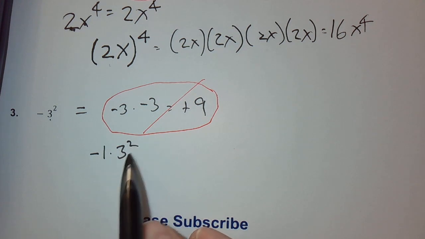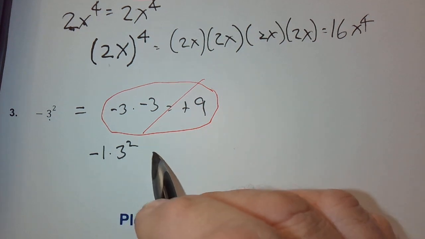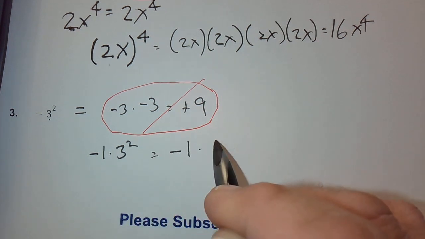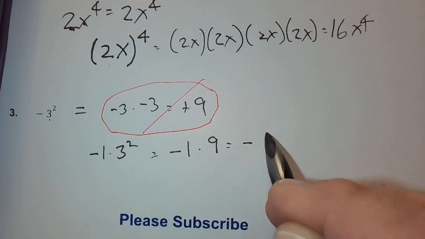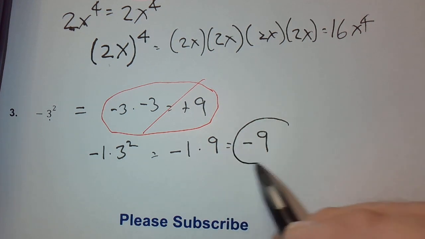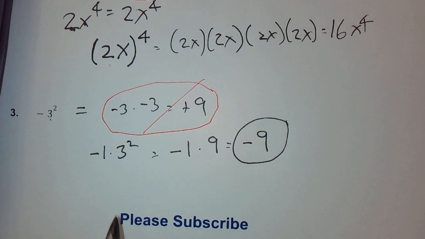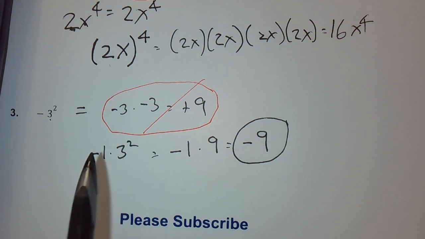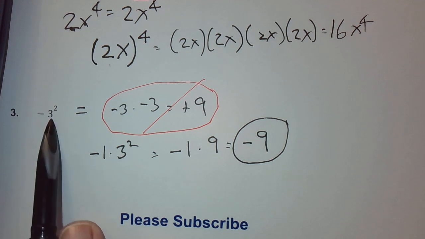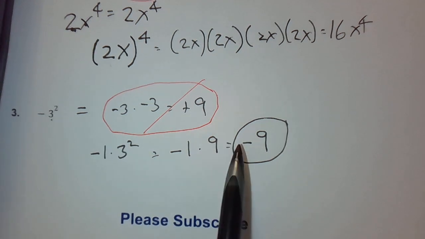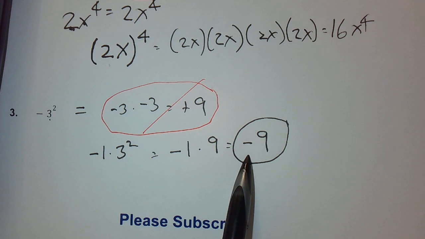So in this case, it would be the 3 times 3 is 9, so it's equal to -1 times 9, which is equal to -9. -9 is the correct answer for this one. I know, it's crazy. It seems completely wrong. But yes, -3 raised to the second power is -9.